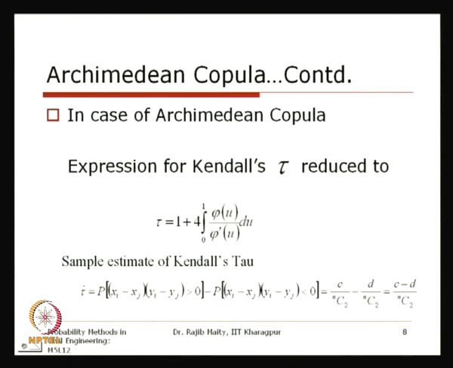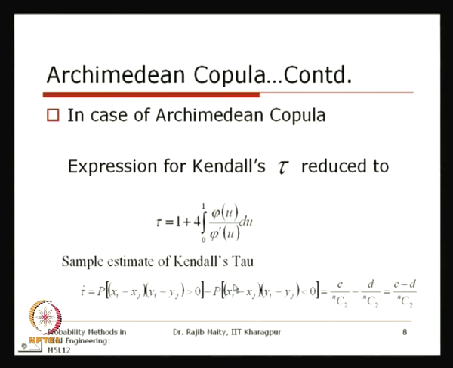Now, what we have to do first from the sample is estimate the value of tau, that is the Kendall's tau. If we know this Kendall's tau from the data, then we can get the sample estimate of theta, and that theta we can use for the complete development of the joint distribution.